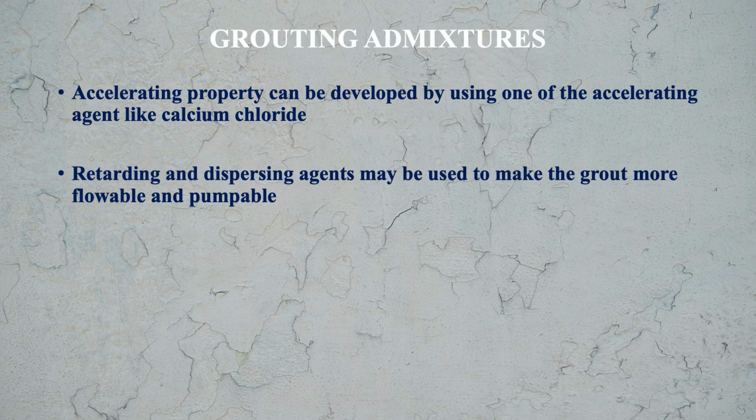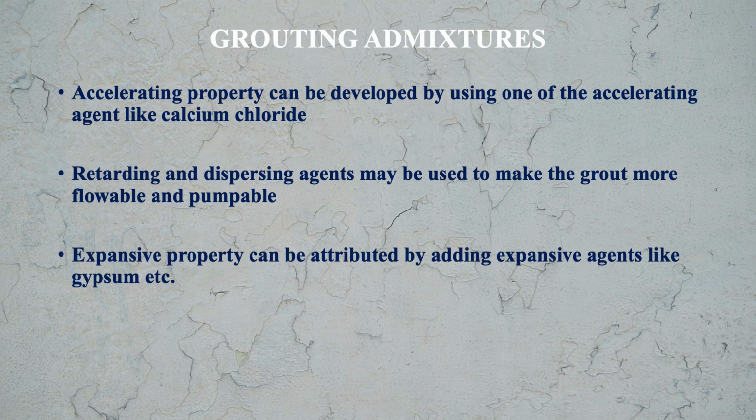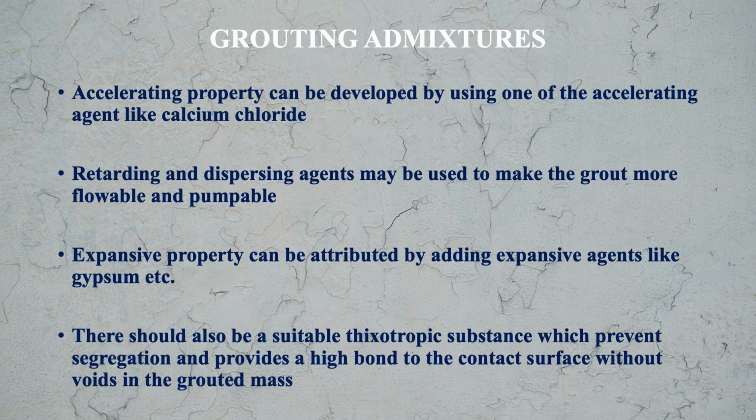Retarding and dispersing agents may be used to make the grout more flowable and pumpable. Expansive property can be attributed by adding expansive agents like gypsum. There should also be a suitable thixotropic substance which prevents segregation and provides a high bond to the contact surface without voids in the grouted mass.